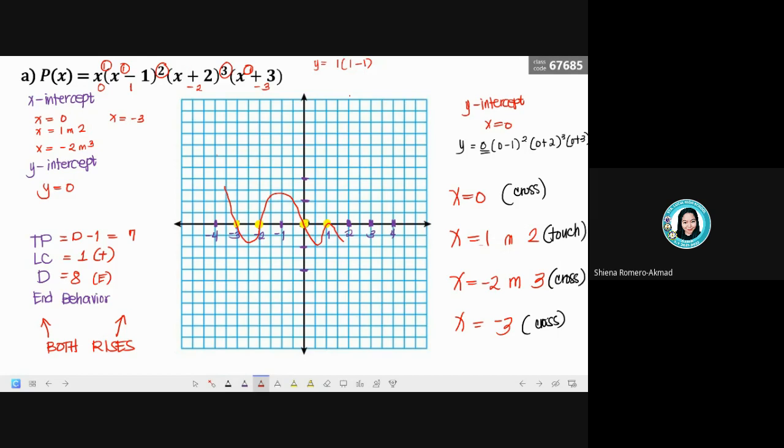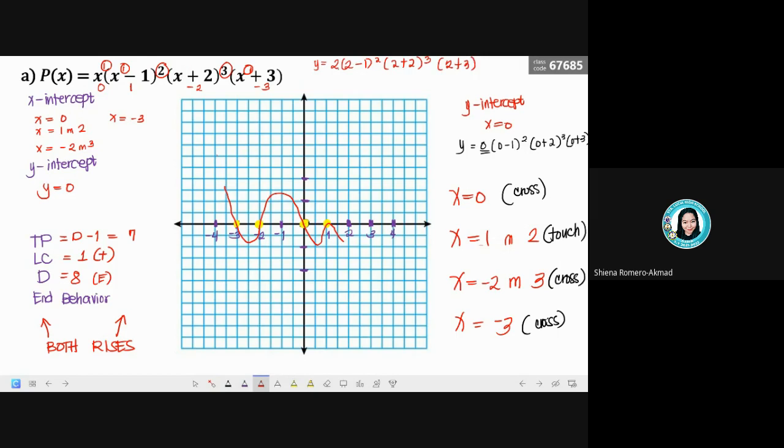Saan kaya siya sunod na mag-fall? Dapat siguro 2. 2 or 3. 2 tayo, 2. 2 minus 1 squared. 2 plus 2 cubed. 2 plus 3.